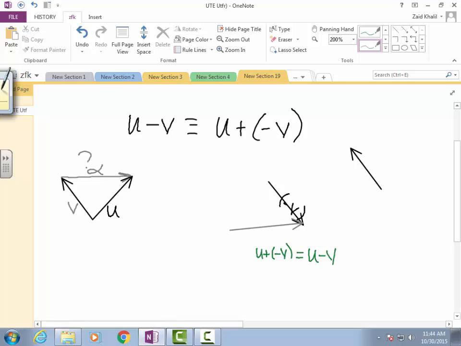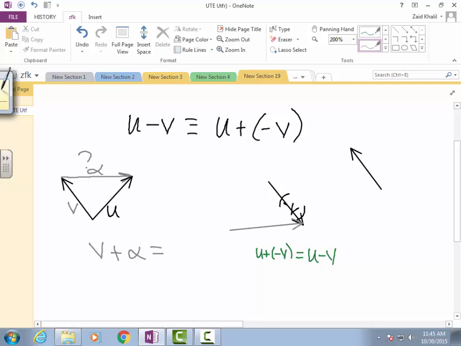Alpha. And what do you notice? You're adding what two vectors to find the third? What two vectors are you adding here by definition of vector addition? V and alpha. So in other words, V plus alpha generates U.